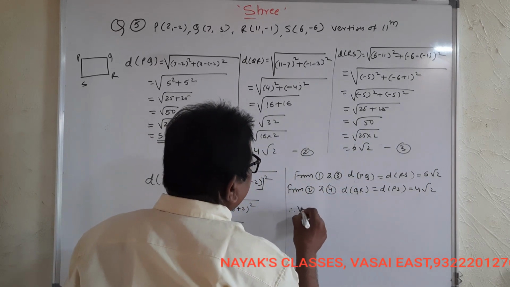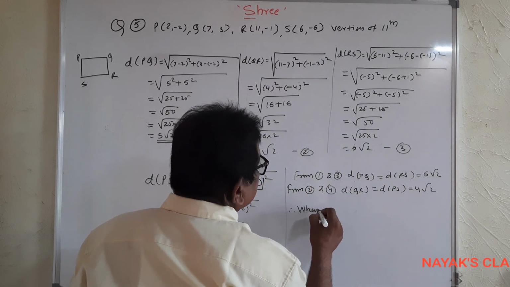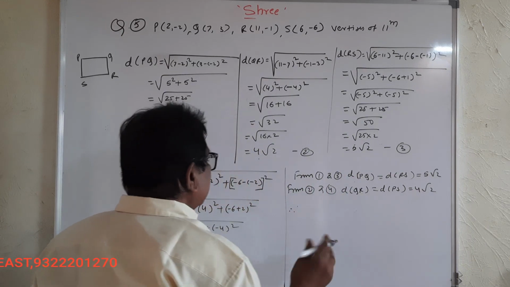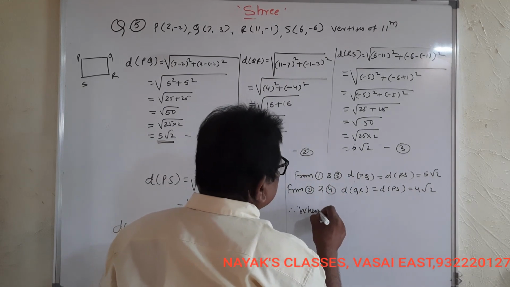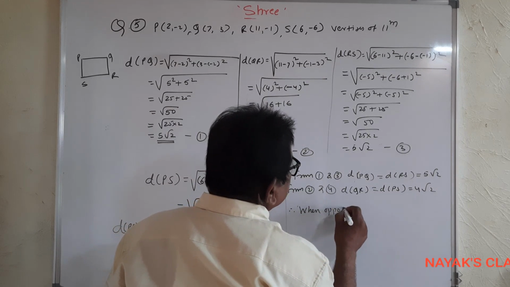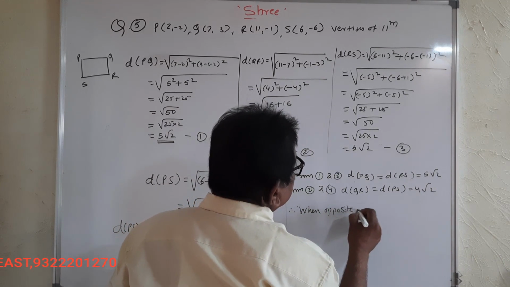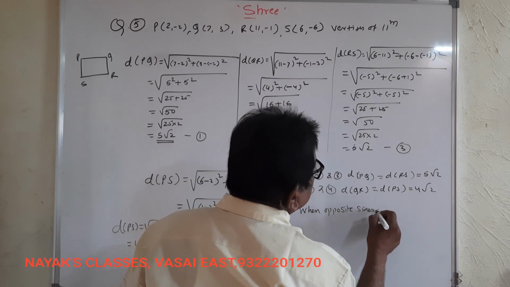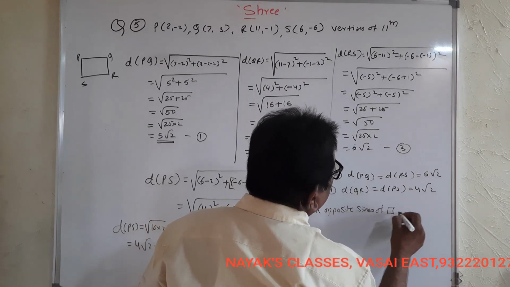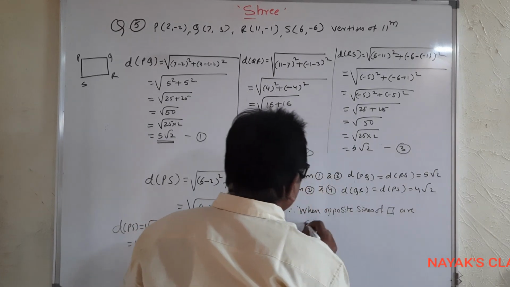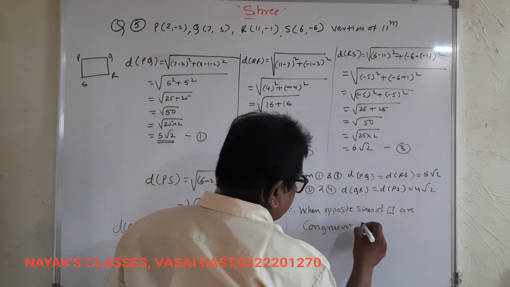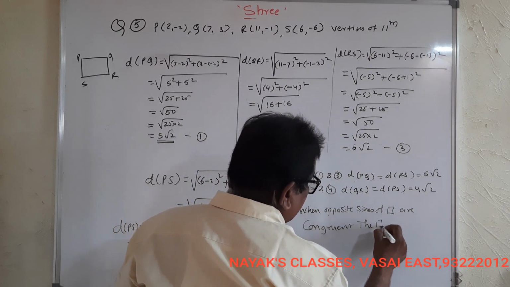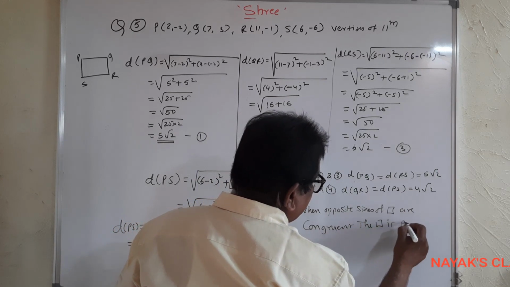Therefore, I'll write down: when opposite sides of a quadrilateral are congruent, the quadrilateral is a parallelogram.